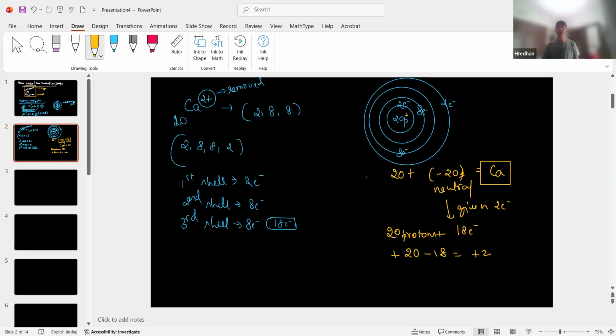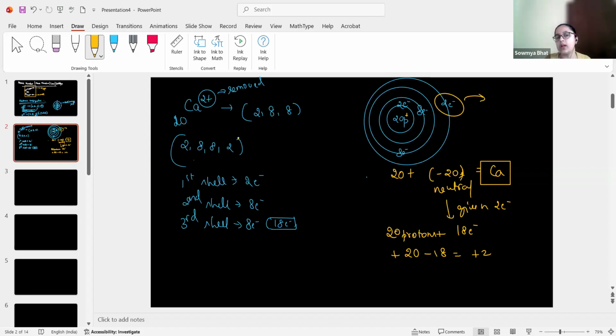Oh, so you're saying it's lost 2 protons then? No, it is going to lose 2 electrons. Why will it gain protons? Protons are there inside. They will not get affected. It only loses whichever is outermost. This is easy to be lost. So it just gives off 2 electrons.